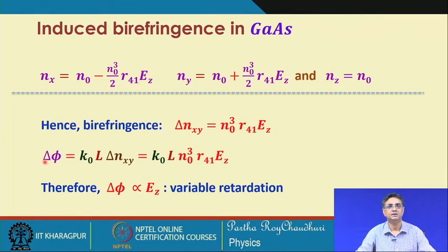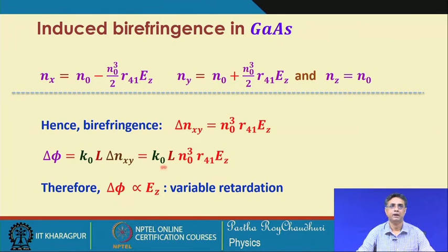And then the phase retardation, phase delay, is equal to k 0 L delta n x y, where L is the length of the crystal over which the light propagates and interacts with the crystal. And we are familiar with this quantity, and we will be encountering this kind of expression back and forth.